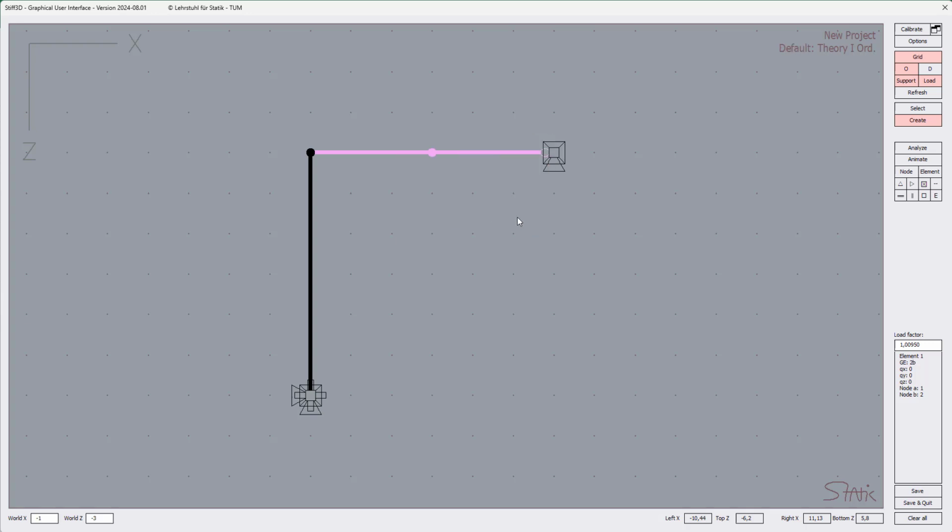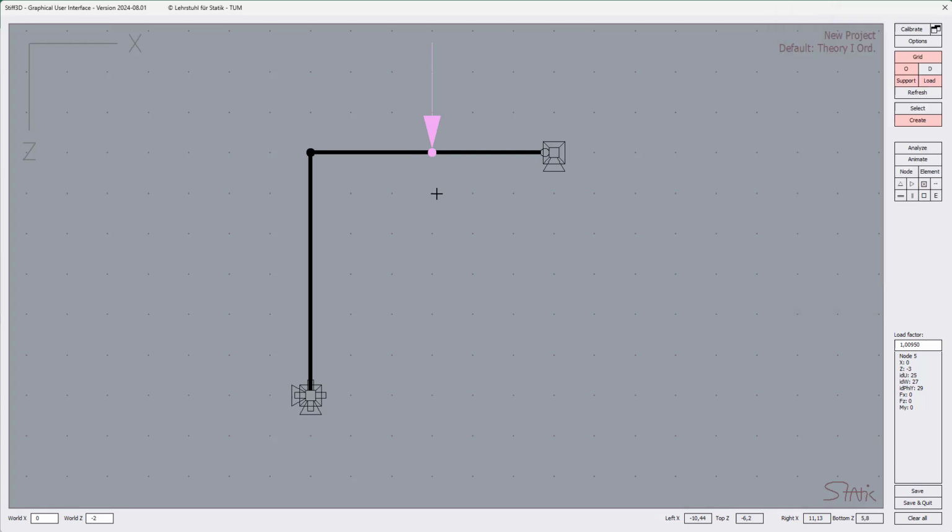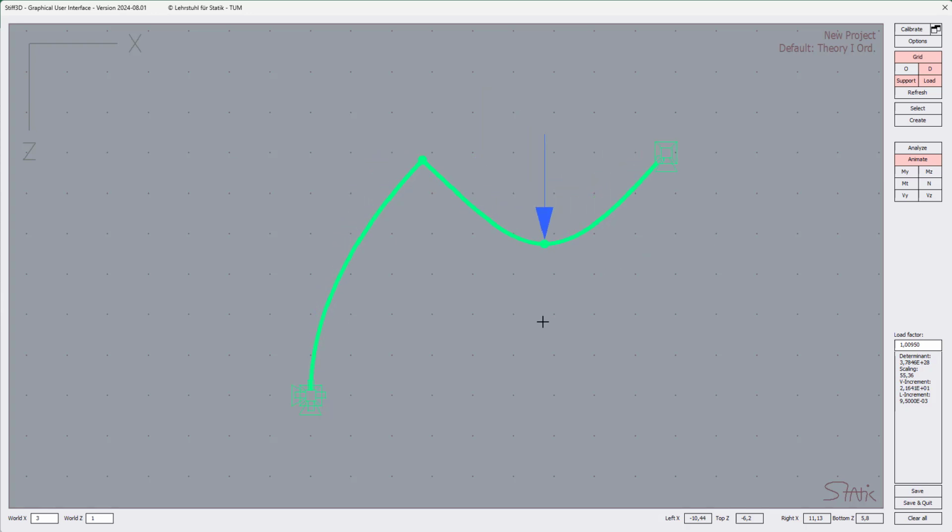So we just introduce another node here in the center of the span with this extra node, and here we now can apply another single load here in that direction. Here it is. And if we do the analysis, then we receive exactly what we expect for this kind of structure, with instead of the line load now a single load here at the center.